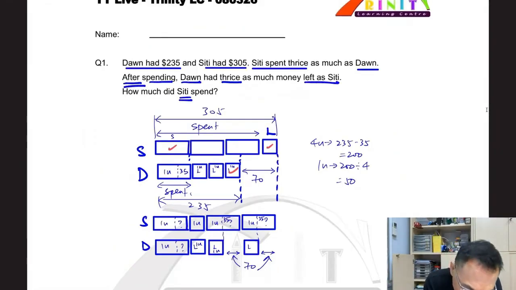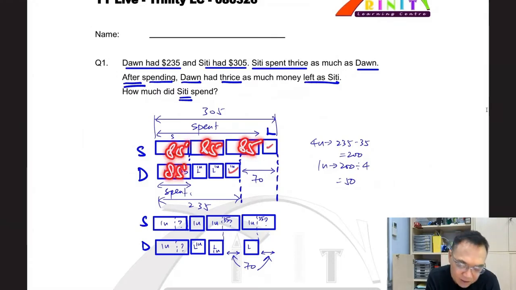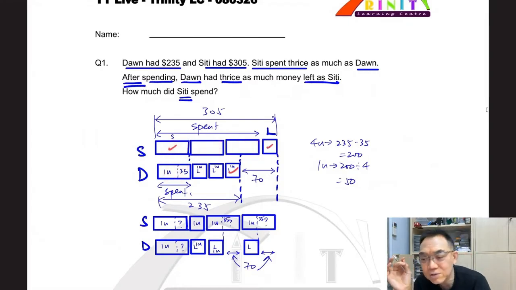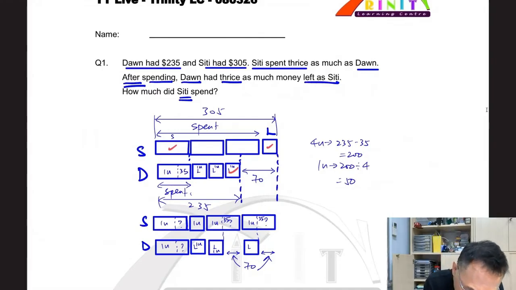Well done. So to find what Siti spent, is there a shortcut? Does anyone know a shorter way to find it, rather than finding 85 and then 85 times 3, which I can do, which will give you the correct answer, but there's a shorter way. Anyone knows? There's a shortcut. Anyone can see it? Very good. Well done. 305 minus 50. Because I know that one box is 50, right? 1 unit is 50.